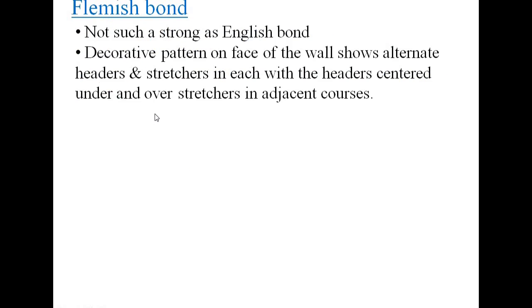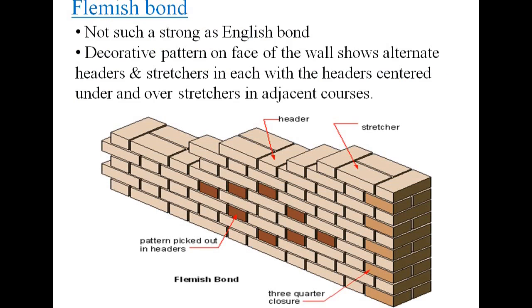So now Flemish bond. We'll see the image first. In Flemish bond, what is done is, in the same course, one brick is of header face and another brick is of stretcher face. Header face, stretcher face, header face and again a stretcher face.